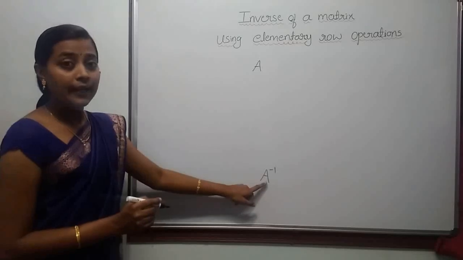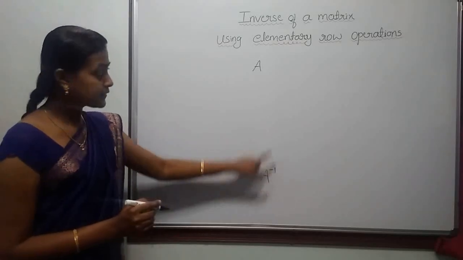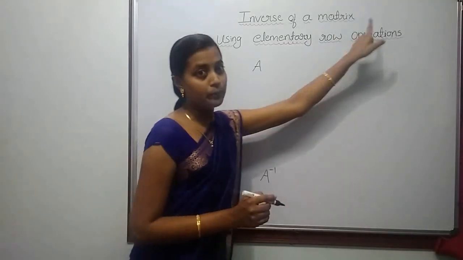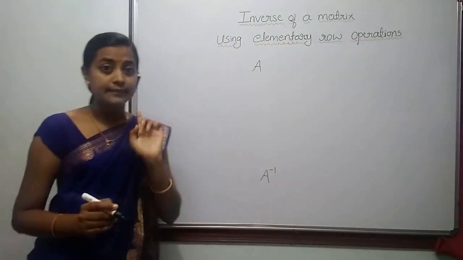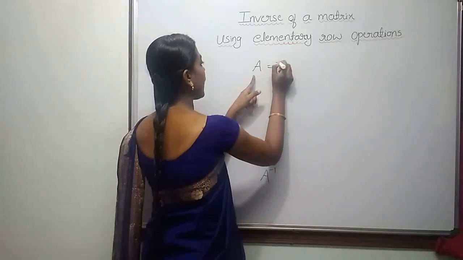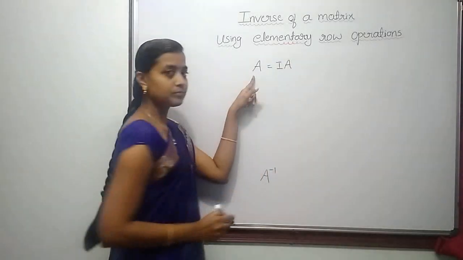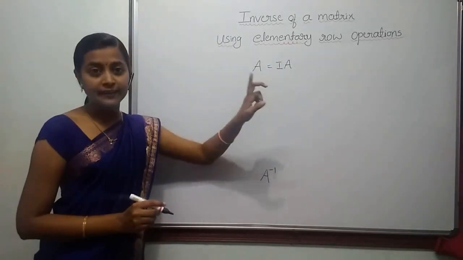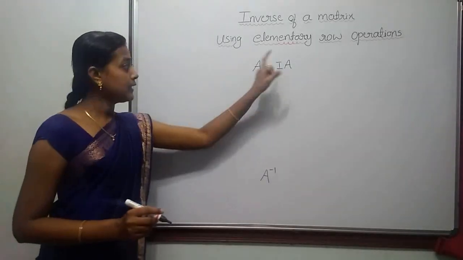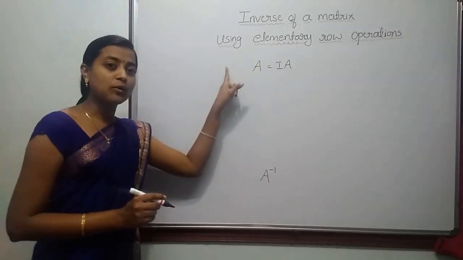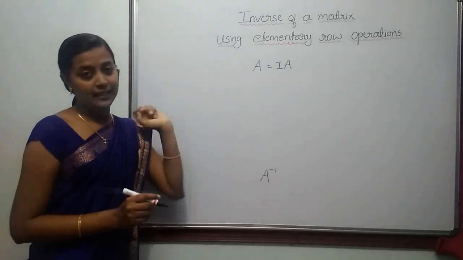To find the A inverse using elementary row operation, the method is first write the equation A is equal to I into A. What is this I? I is the identity matrix. You have to take the order of identity matrix same as the order of given matrix A.